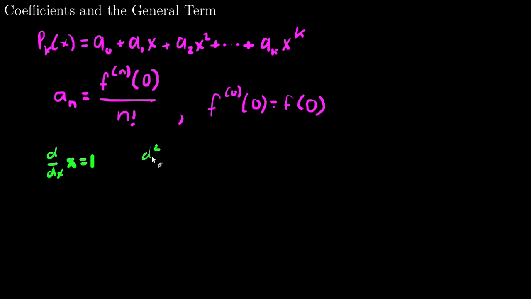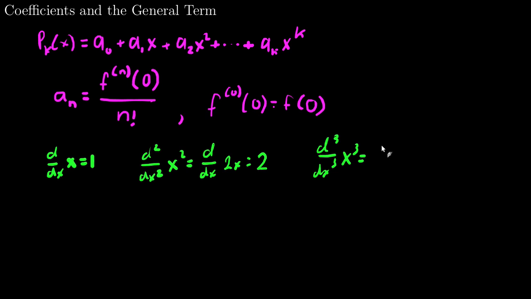The second derivative of x squared is going to be the first derivative of 2x, which is 2. The third derivative of x cubed is the second derivative of 3x squared, which is the first derivative of 6x, equal to 6.